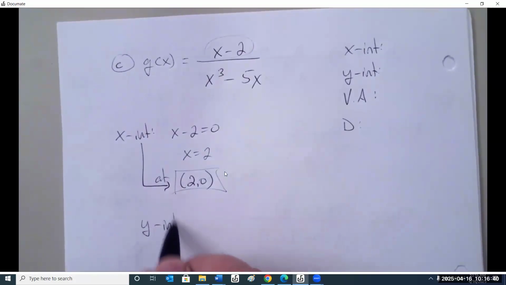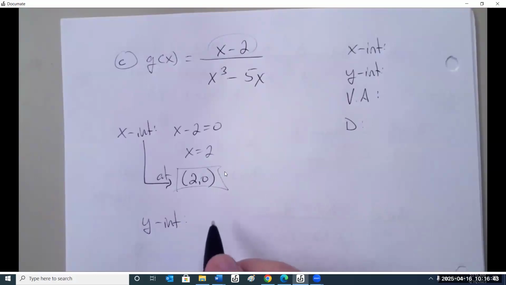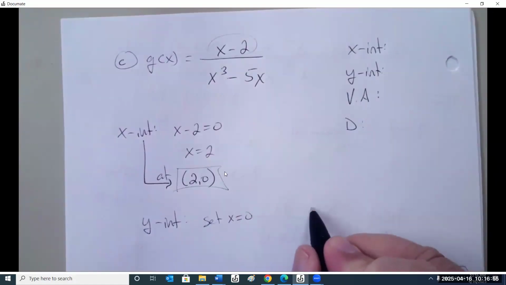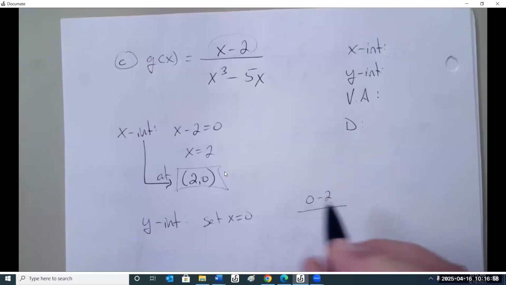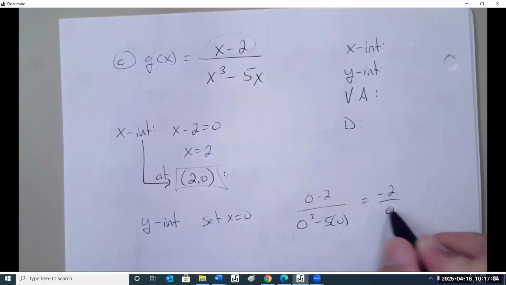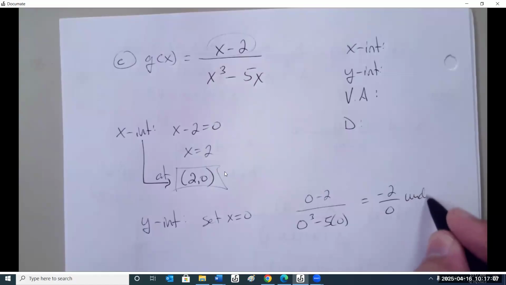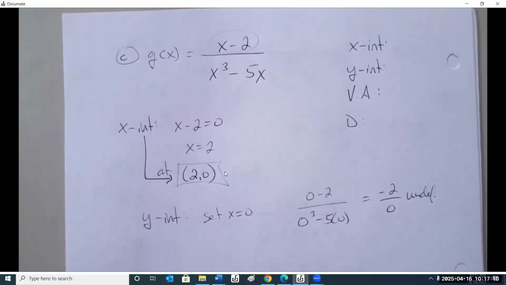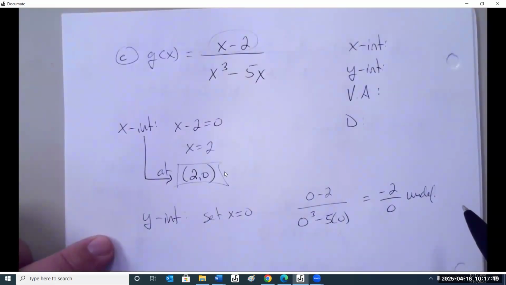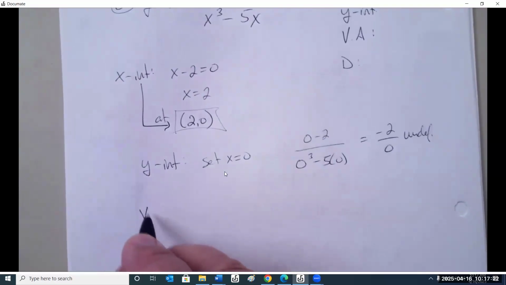What's the y-intercept? Remember, for the y-intercept, you set x equal to 0. If we set x equals 0, we have 0 minus 2 over 0 cubed minus 5 times 0. Undefined. And this will show you why we don't have a y-intercept. Because what's our vertical asymptote?